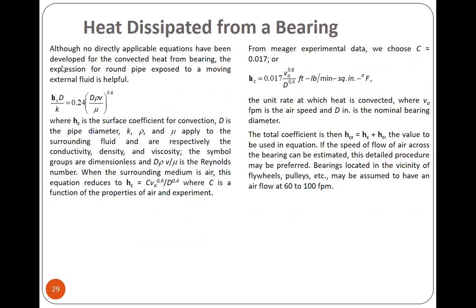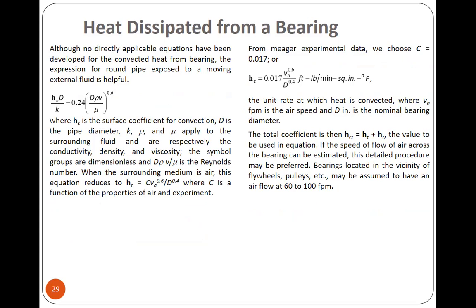So although no directly applicable equations have been developed for the convected, in letter E, convected heat from bearing, the expression for round pipe exposed to a moving external fluid is helpful. H sub C D over K is equal to 0.24 times D rho V over mu exponent 0.6.